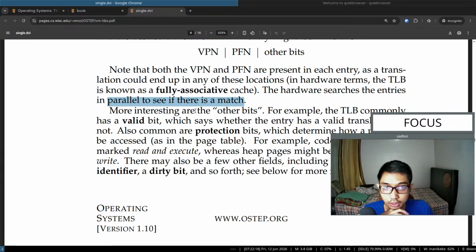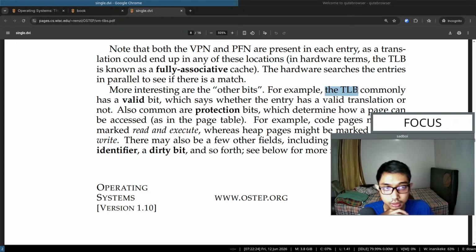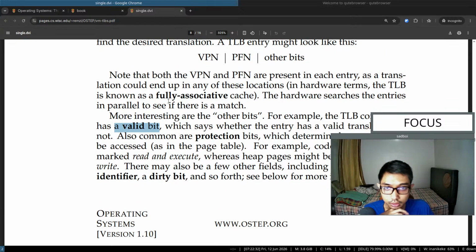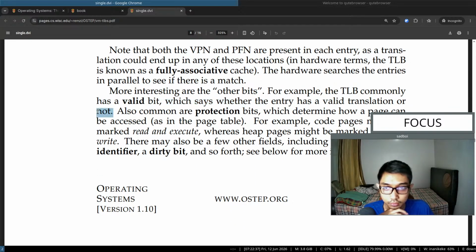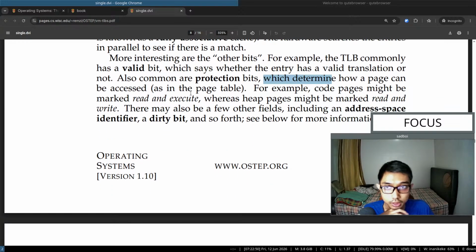More interesting are the other bits, right? For example, the translation lookaside buffer commonly has a valid bit, which says whether the entry has a valid translation or not. Also common are protection bits, like the permission bit, if I understand correctly, which determine how a page can be accessed. Do we have any permission to access the page?